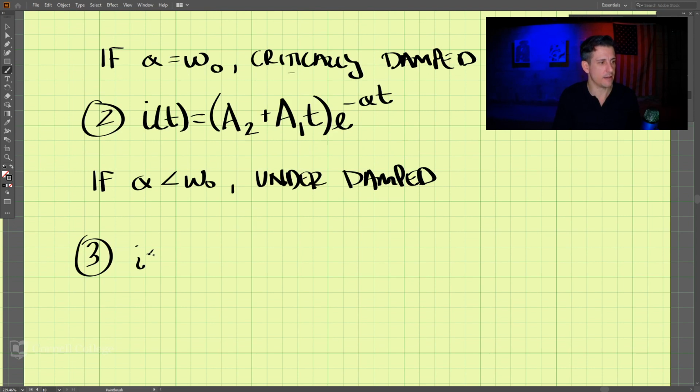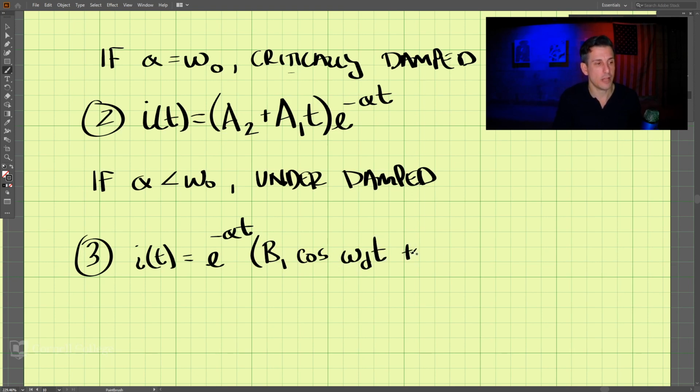We get I of t is equal to e to the negative alpha times t times b1 cosine omega d times t plus b2 sine omega d times t.